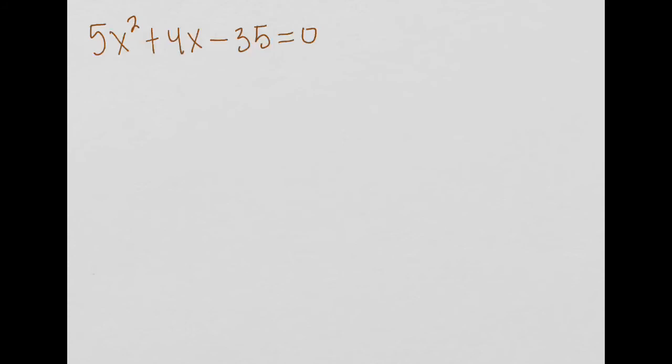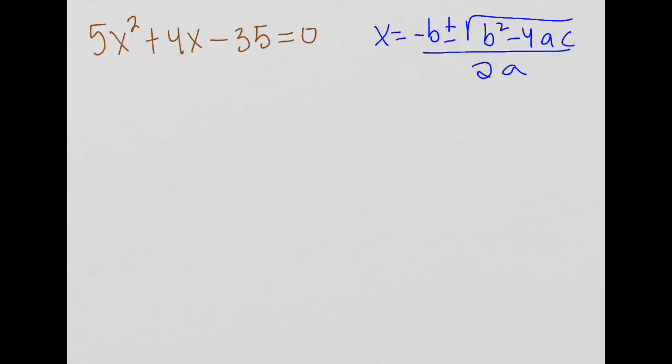I'm going to go ahead and write my quadratic formula here again. x equals negative b plus or minus the square root of b squared minus 4ac all over 2a. Perfect. Now a is 5, b is 4, c is negative 35.